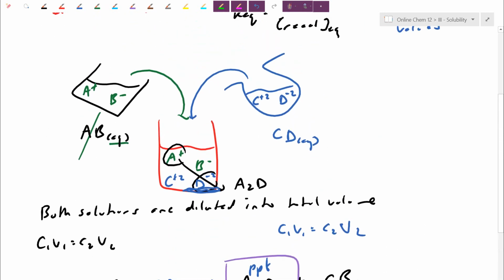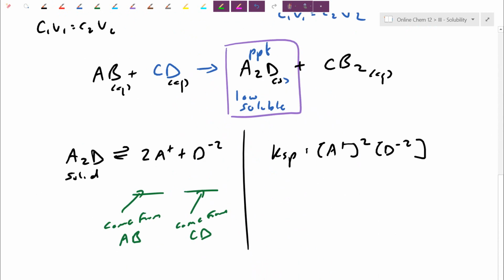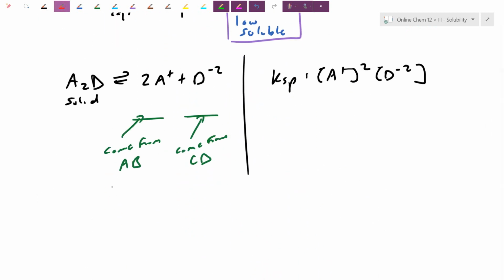There was nothing that said, if this one was 1 molar, the other one has to be a certain molarity. These are two totally different mixtures. You can mix in whatever molarities you want. In this case, because we're mixing solutions, the A plus and the D minus don't follow the mole ratio.